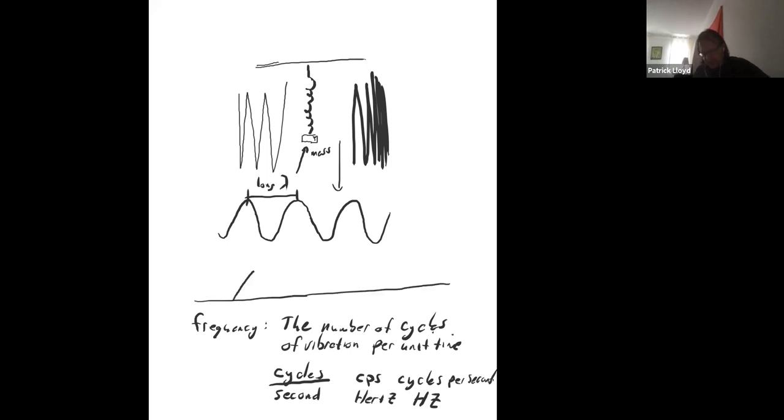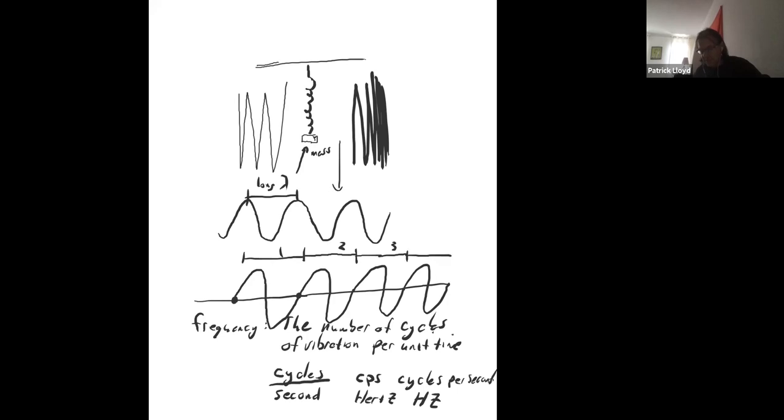If we start here, so there's one cycle, there's a second, there's a third, there's a fourth. So that's 4 cycles, right? So there's 1. There's 2. 3. And then 4, right?